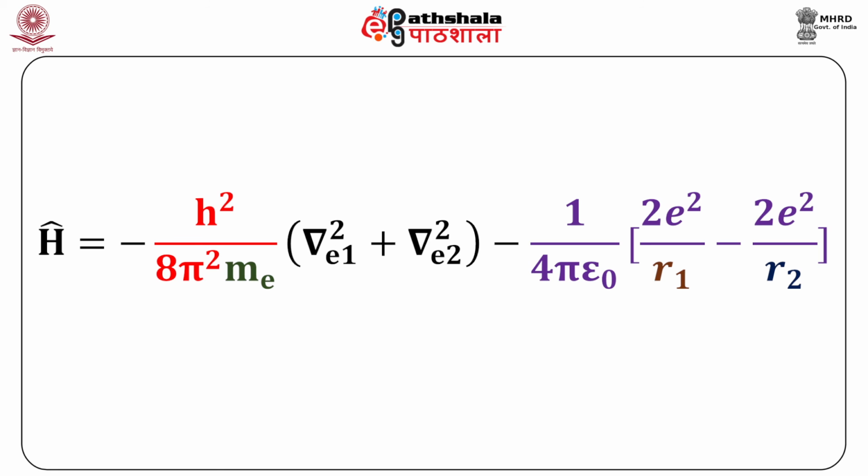In the parentheses we have 2e square upon r1 minus 2e square upon r2, and these two are the attraction terms about which we have already discussed.